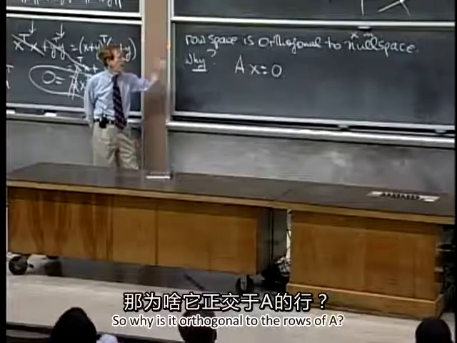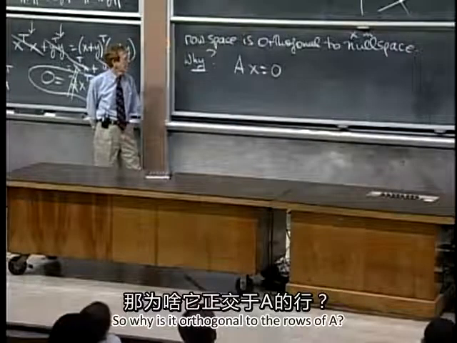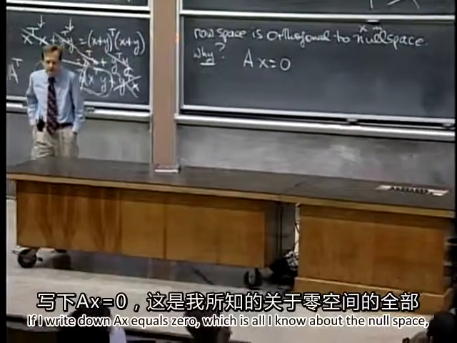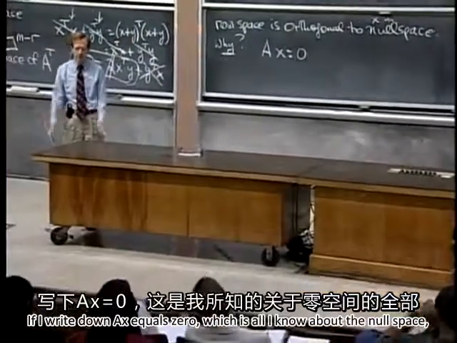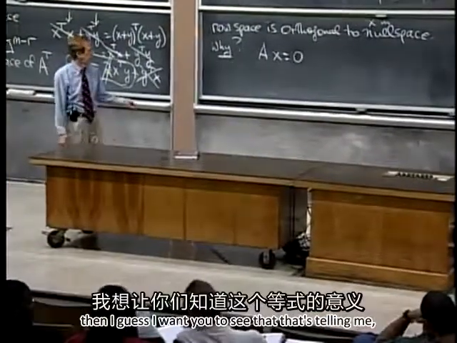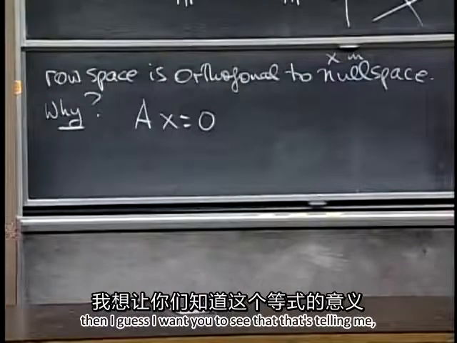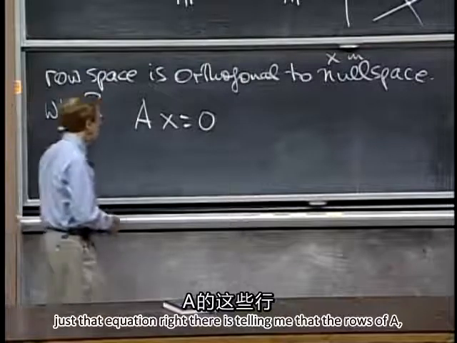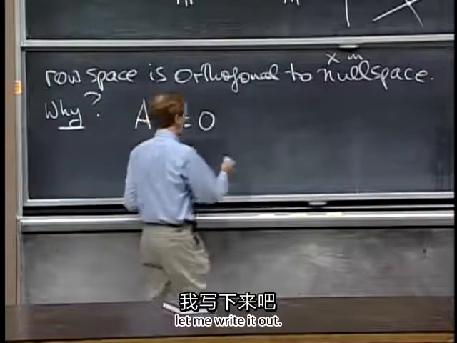So why is it orthogonal to the rows of A? If I write down Ax equals 0, which is all I know about the null space, I want you to see that just that equation right there is telling me about the rows of A. Let me write it out.